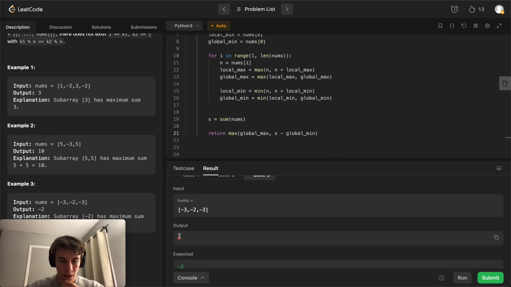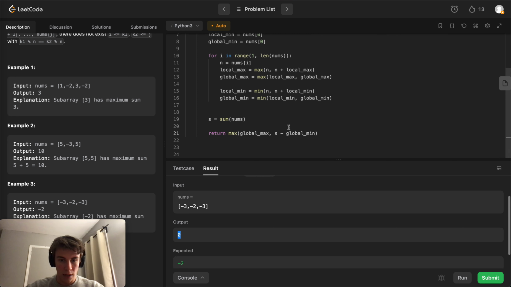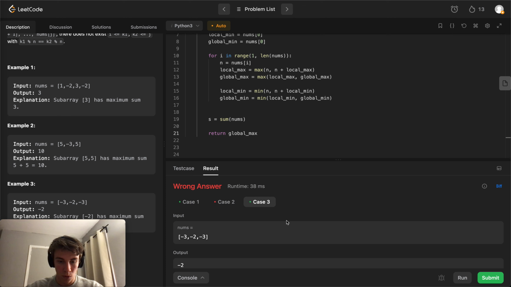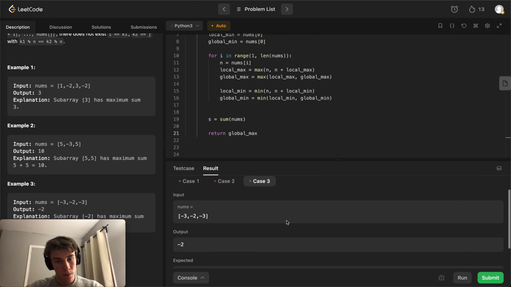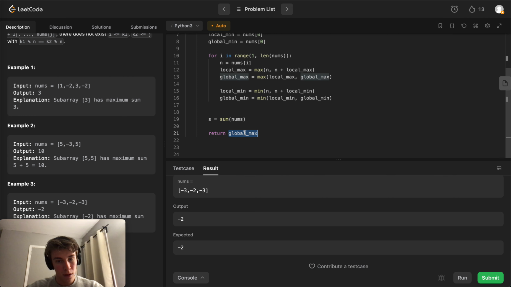And the output is 0. It seems to me that maybe the global max is being counted as 0, although the global max here should be counted as -2. The global min.